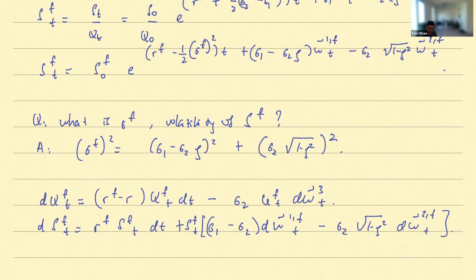So these are under P2F. Is this okay? Any question about these results, or more importantly, the argument?